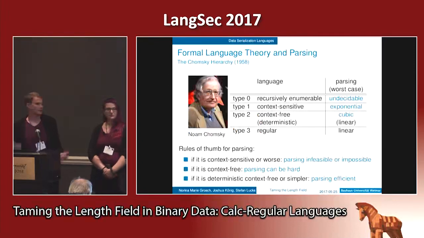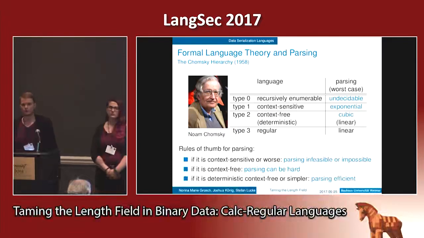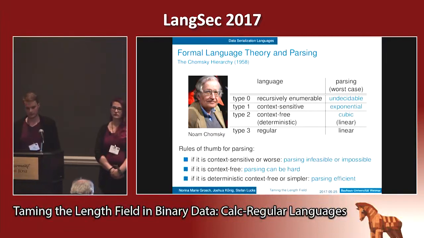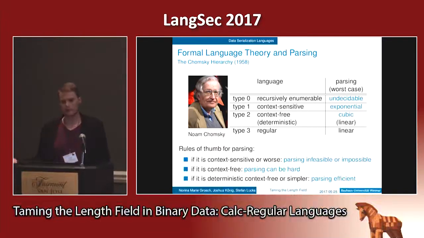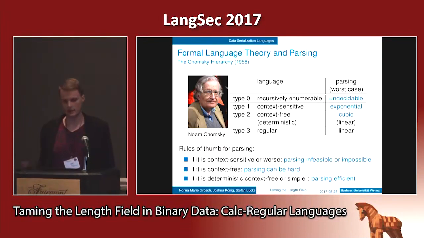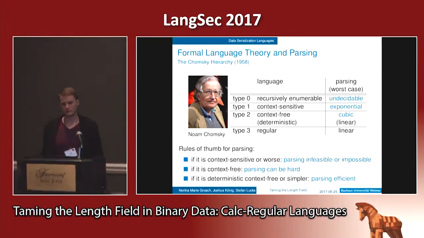We try to classify those net strings or length prefix languages in general into the Chomsky hierarchy, which has 4 classes of formal languages, and the classes higher in the table are supersets of the classes below.